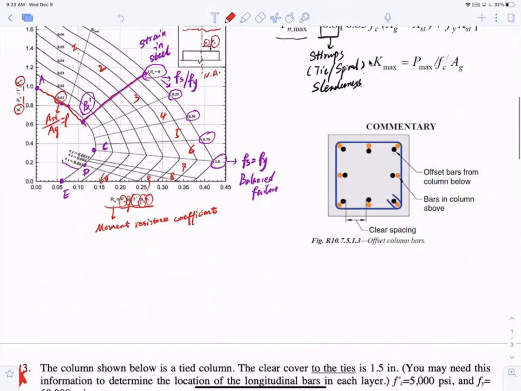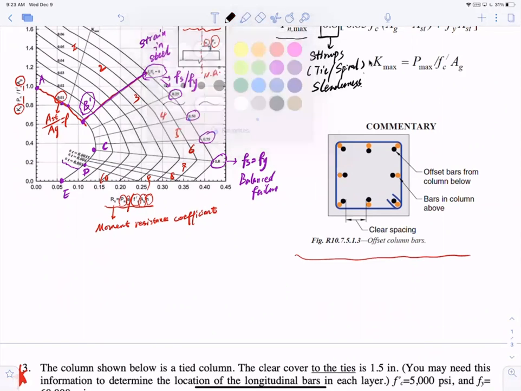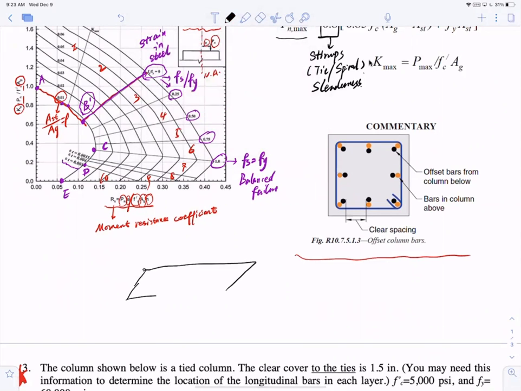Last but not least, I want to talk about the detailing of concrete columns. Normally when you have concrete columns, there are several ways to construct them. One is that you may get a foundation, or footing, and you bury those bars in, and these bars will stick out.